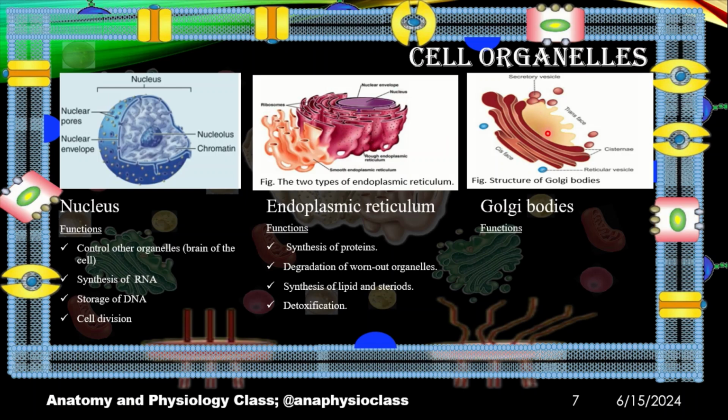Then Golgi apparatus. Golgi apparatus is also a tubular organelle, only that the tubules of Golgi apparatus are parallel to one another. It is not continuous with the adjacent tubules, just like that of the endoplasmic reticulum.